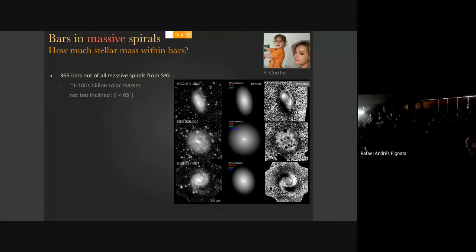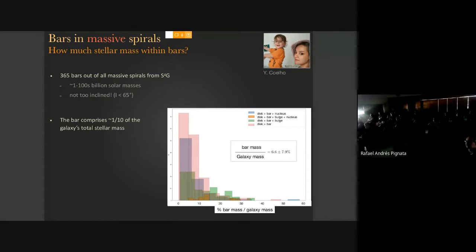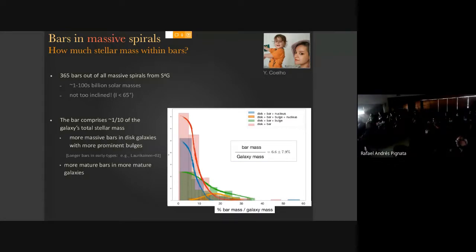Going through the decomposition, she looked at the masses in these bars, and this plot shows you, in terms of percentage, how much of the total mass of the galaxy is contained in the bar. It's approximately 10%, but here you can see how this mass distribution is divided.